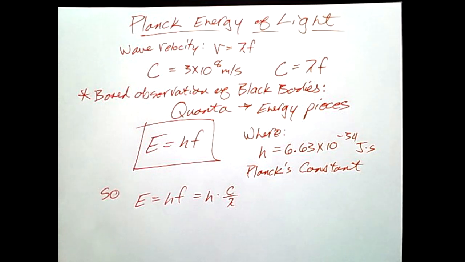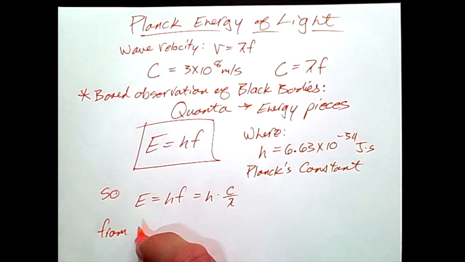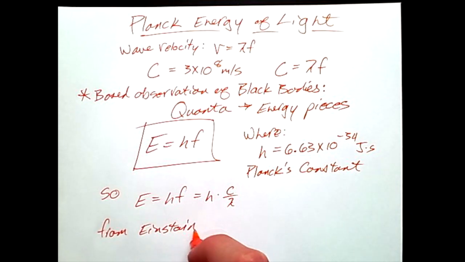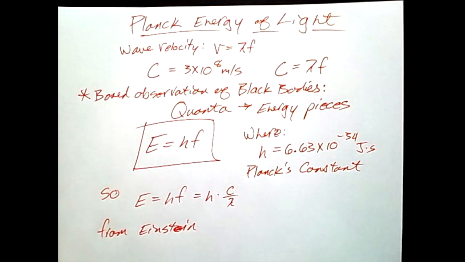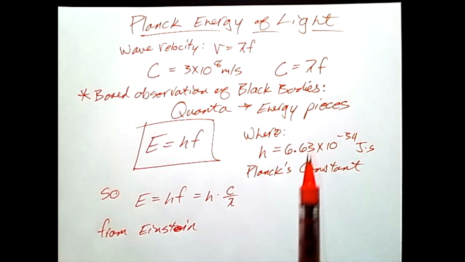But we also know from around this time that Einstein had come up with some equations to explain light's momentum, because light interacts with matter as though it has mass, even though it does not have mass.